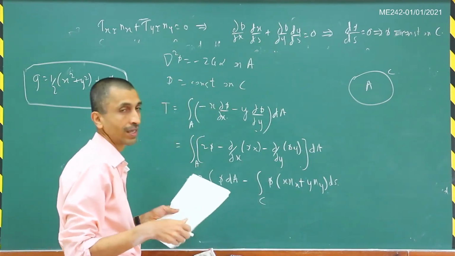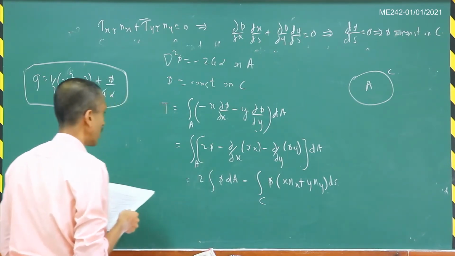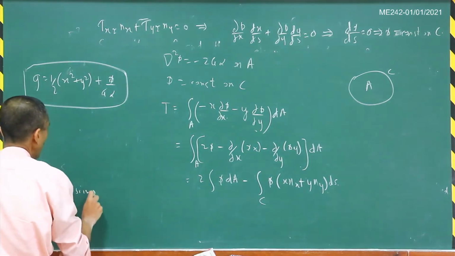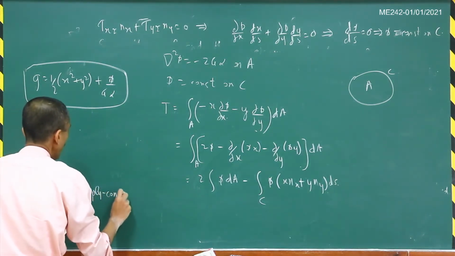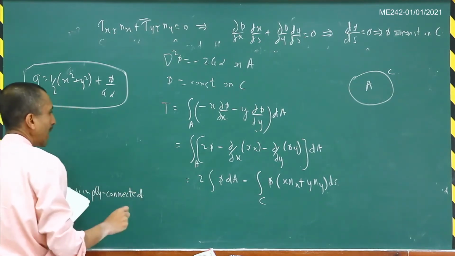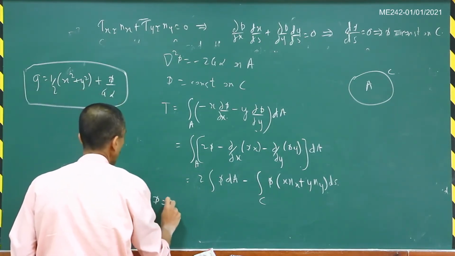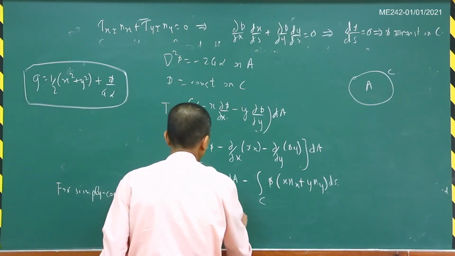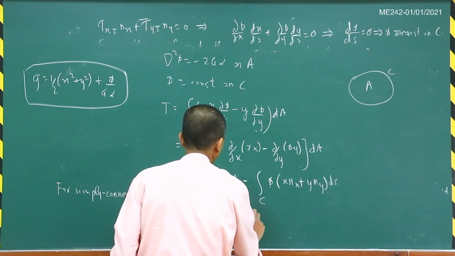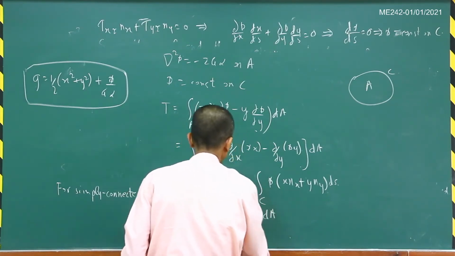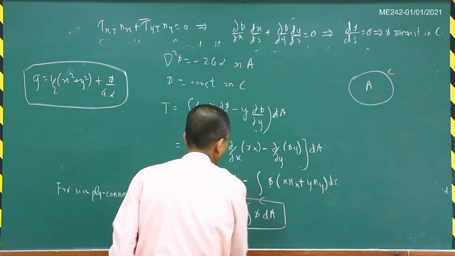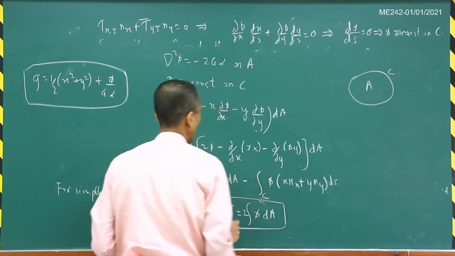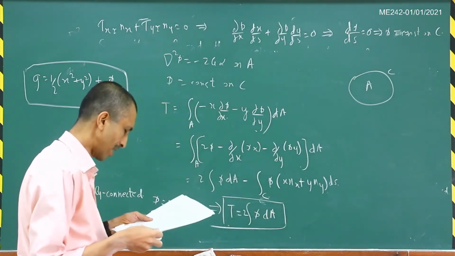Since phi equal to 0 on C for simply connected domains, this will imply that T is equal to the integral of 2 times phi times dA. So this is a very, very nice expression for a simply connected domain: just the integral of phi dA multiplied by 2.